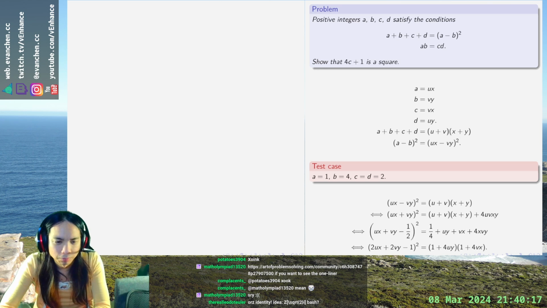And then rather than keep the symmetry, the idea is that we're going to use x and v.